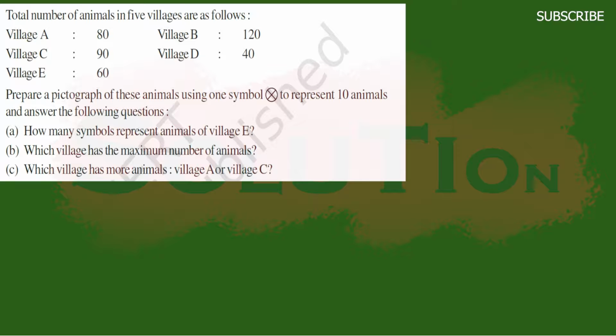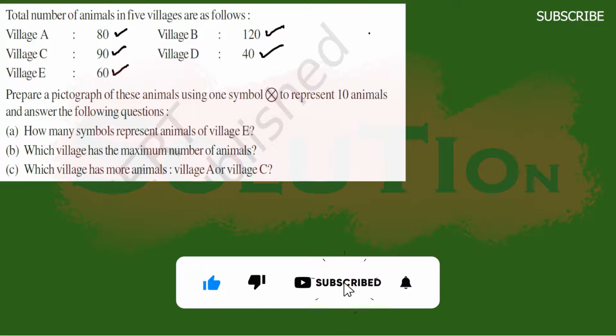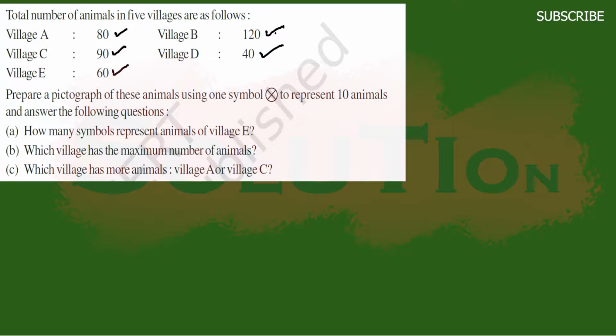This one picture means 10 animals, and we can see that village A has 80, village C has 90, and village E, village B and village D have different numbers of animals. After representing it with the help of this picture, we can find out other things, also other questions that they have given just below it.